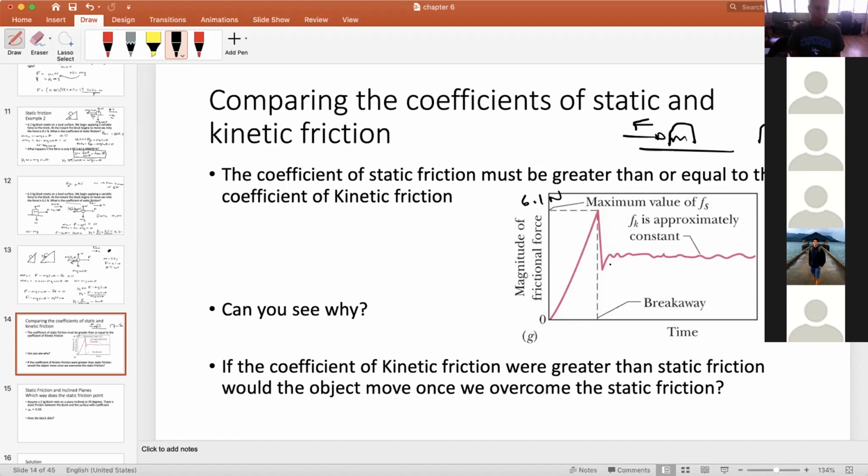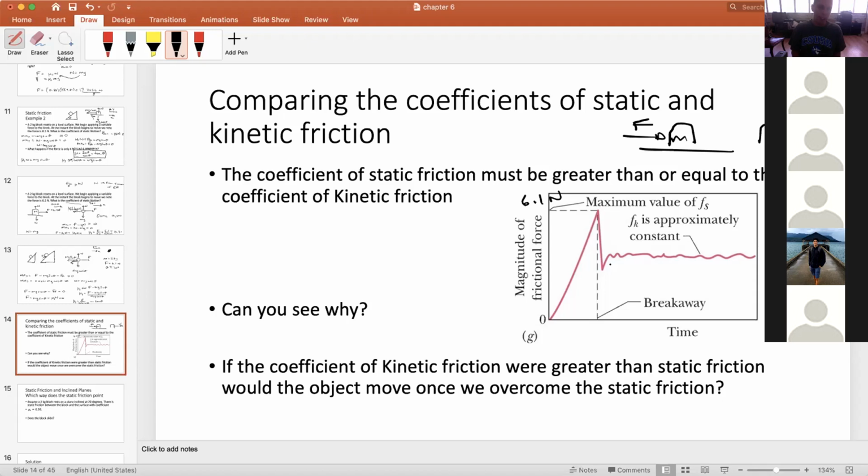Okay, so if you've ever pushed a car or pushed really anything heavy, you should know that getting it moving is a lot harder than keeping it moving once it's sliding. The reason for that is the kinetic friction, once it's already moving, is actually much less than the static friction.